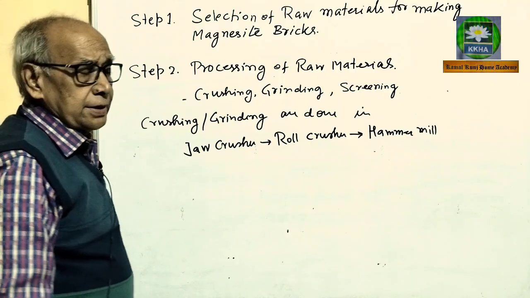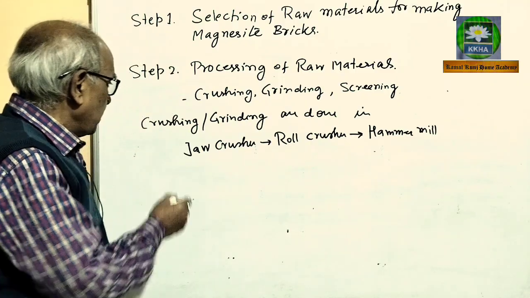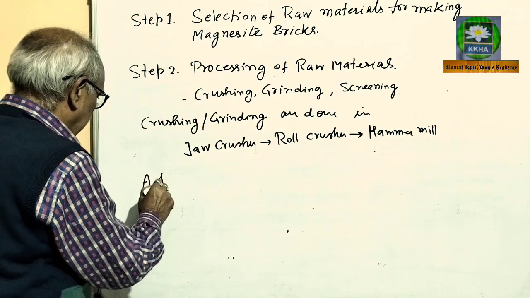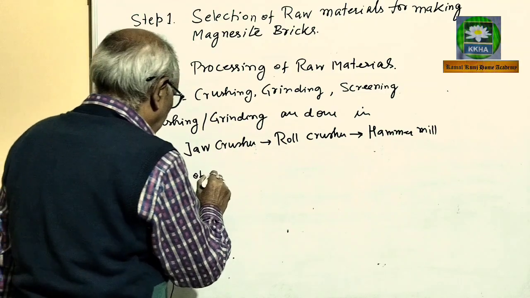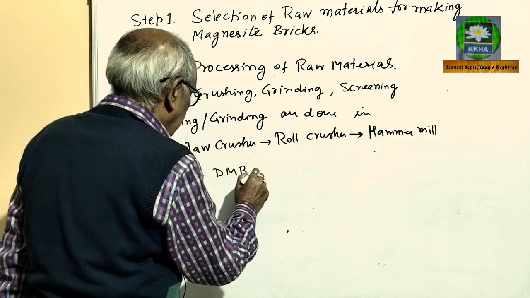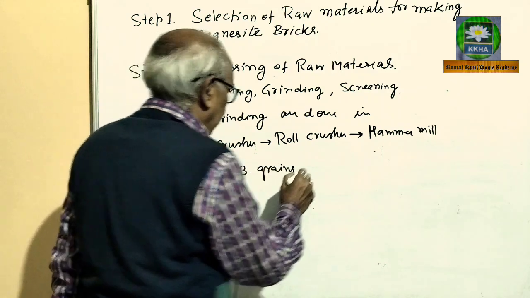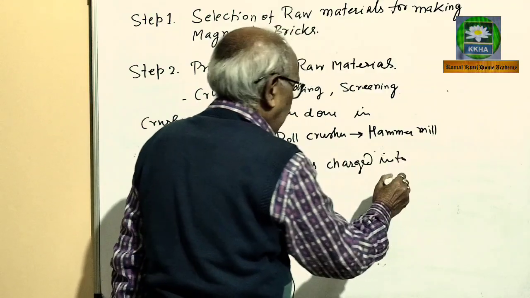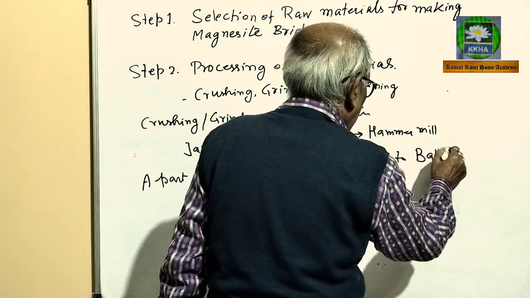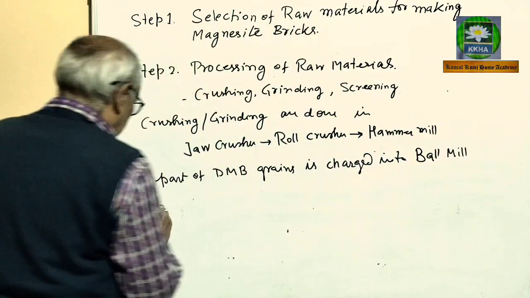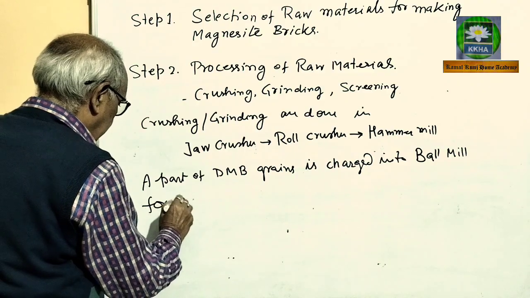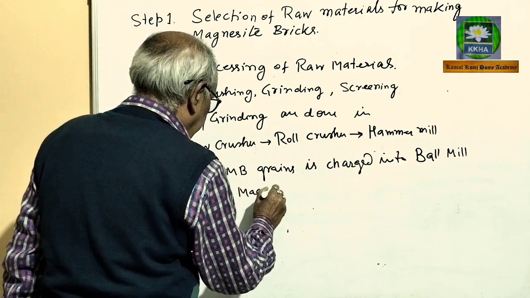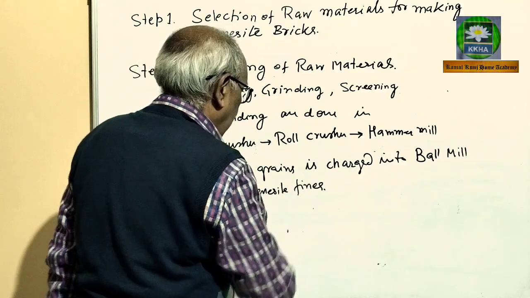Now the lumps of dead burnt magnesite or seawater magnesia are crushed using jaw crusher, roll crusher and hammer mill, and a part of DBM grains, dead burnt magnesite grains, is charged into ball mill for making magnesite fines, producing fine powder.